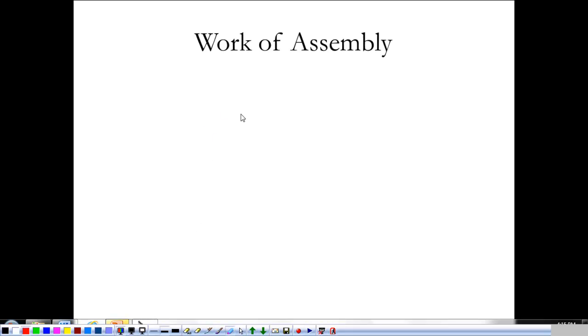Essentially, let's say each time we see a Q, it's going to mean 3 nanocoulombs. So I have 1, 2, 3 charges.